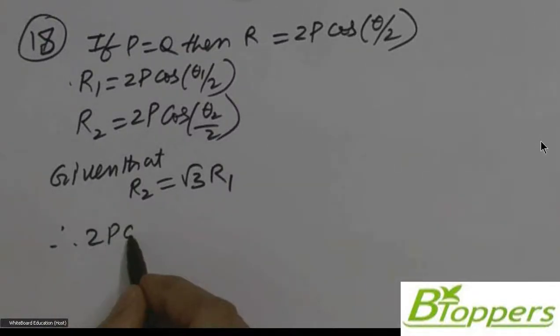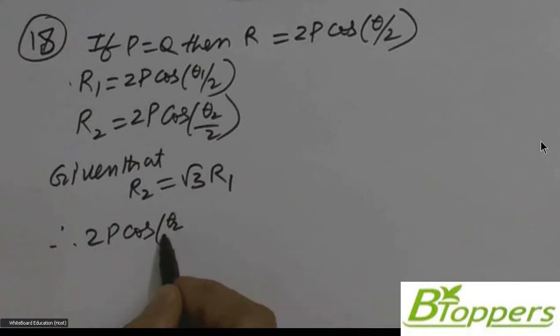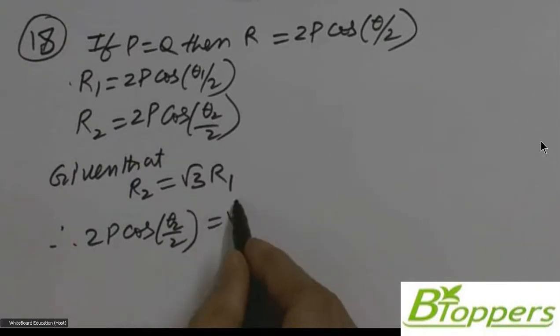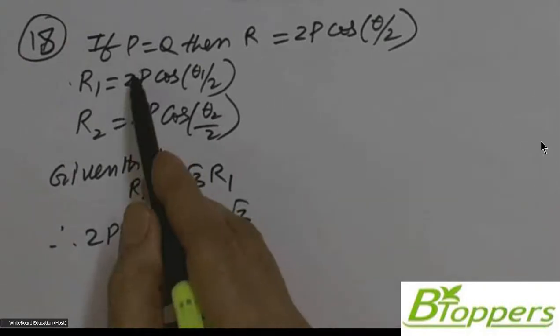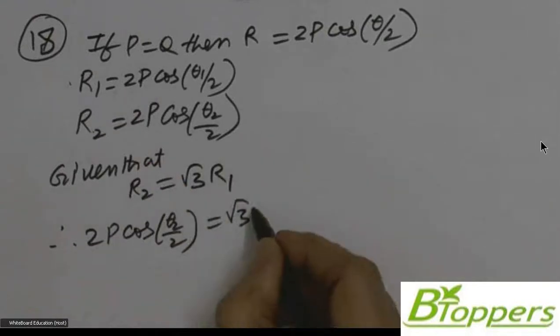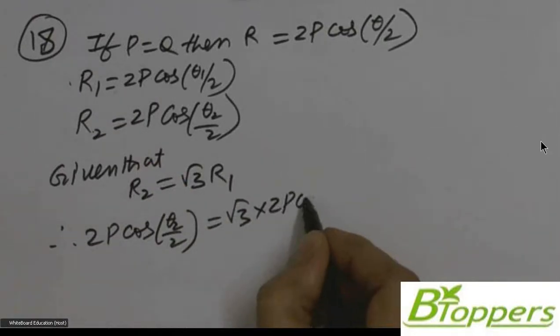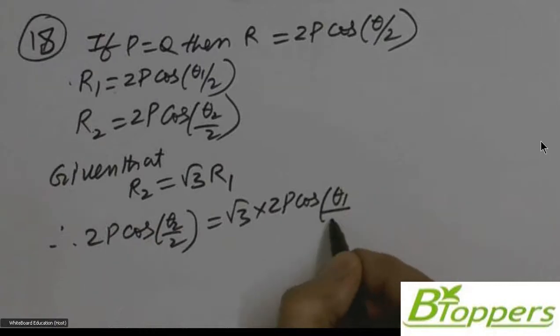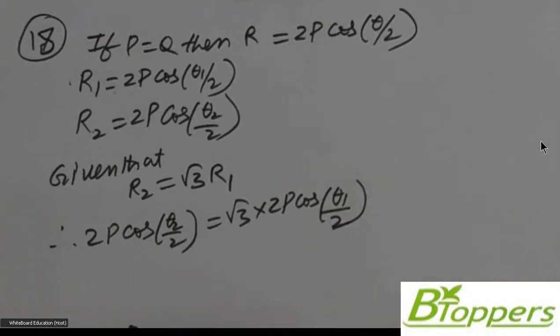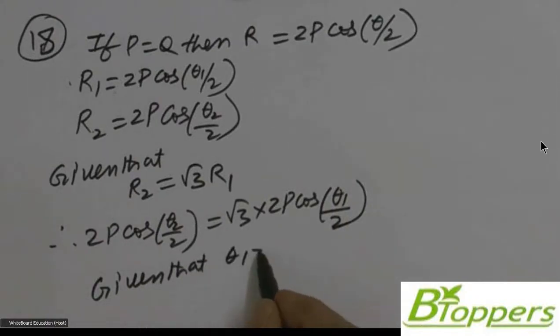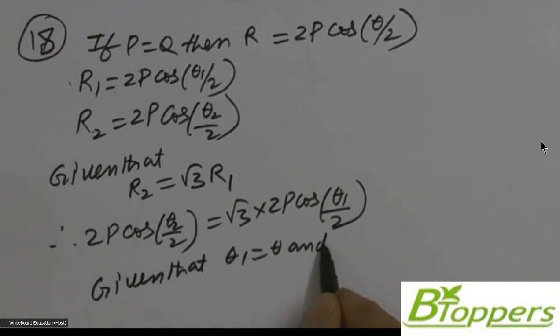Therefore, 2p into cos theta 2 by 2 equals root 3 times r1. You can substitute these values of r1 and r2 here. So 2p can be cancelled both sides. Given that theta 1 equal to theta and theta 2 equal to theta minus pi by 3.